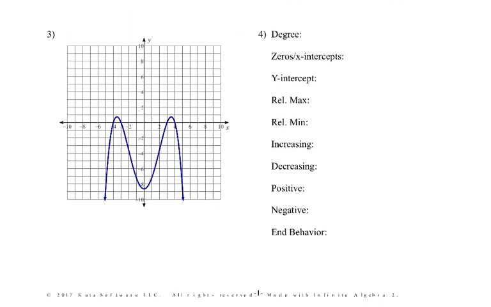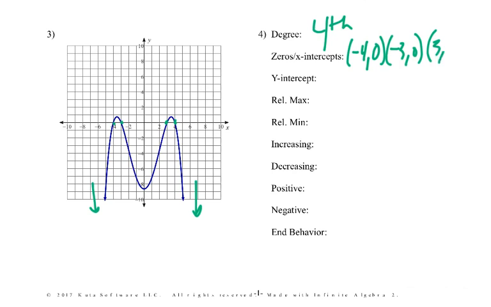Alright, now I'll take a look at the next problem. Okay, so this one we can see they're both going down, which tells me it's even, and also negative for my degree. Now I've got 1, 2, 3, 4 zeros, so I know it's a fourth degree. My zeros are (-4, 0), (-3, 0), (3, 0), and (4, 0).